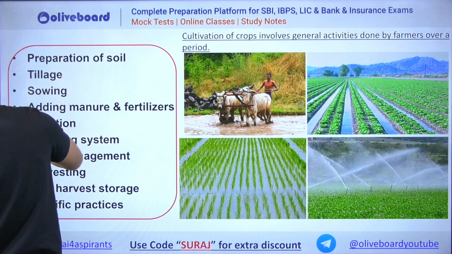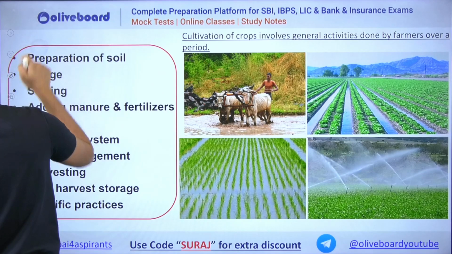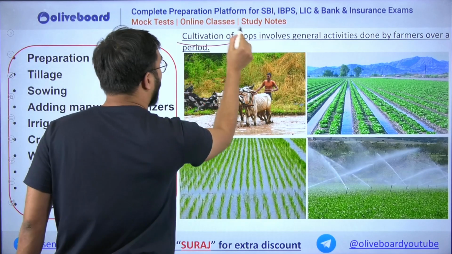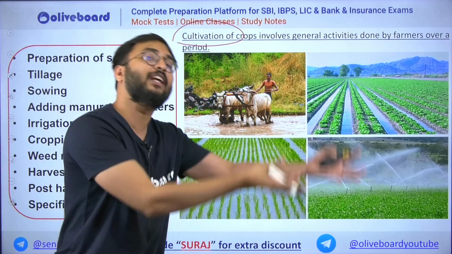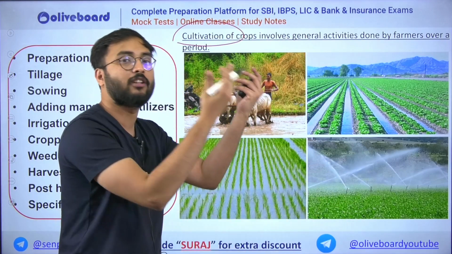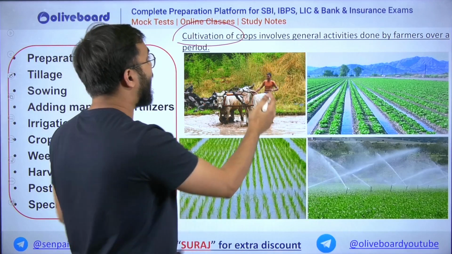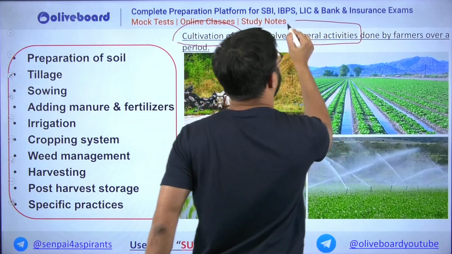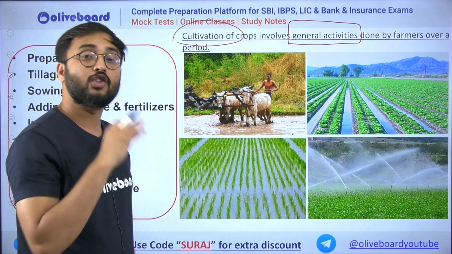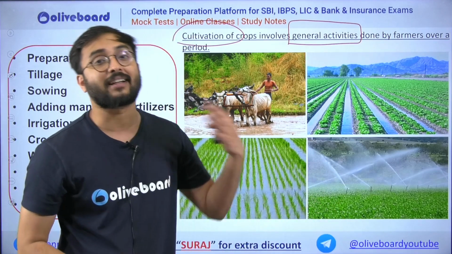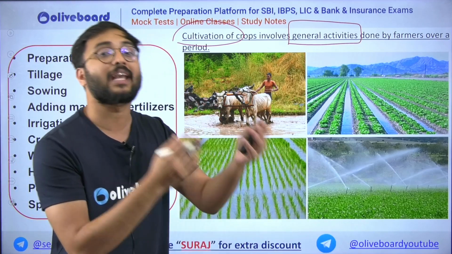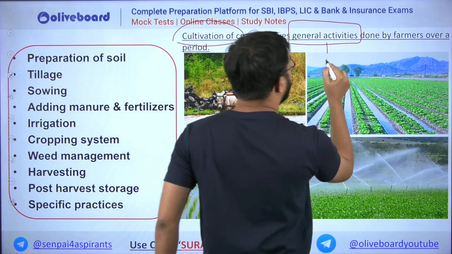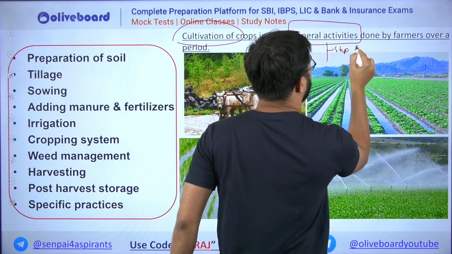So if we are trying to define agricultural practices, let me put it into words: cultivation of crops. Cultivation of crops is nothing but growing the crops. So when we are growing the crops, it involves some general activities, general methods, certain practices, techniques, procedures, and even step-by-step actions.